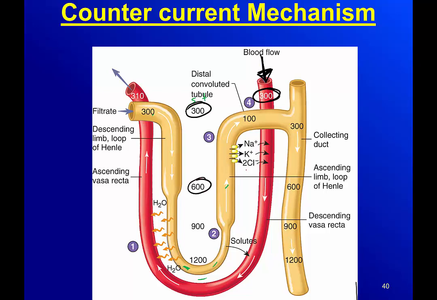If I get to the place where it's 600, I want the blood in here to also be 600. If I get to where it's 900, I still want the blood in here to be 900. When I get to 1200, I want this to also be 1200. I want it to be equal as we travel down into the medulla of our kidney.